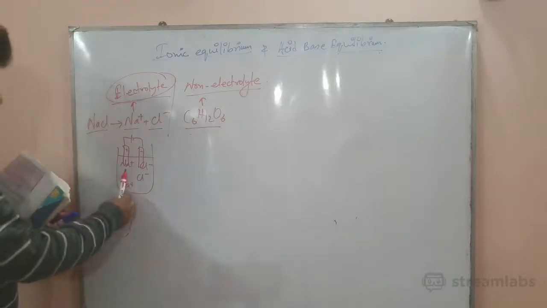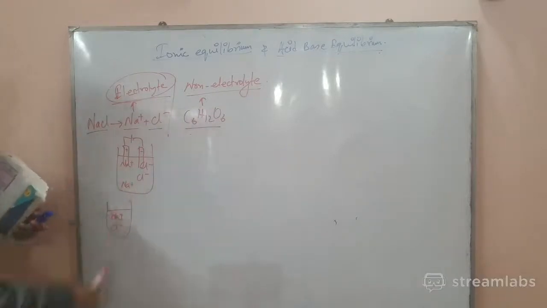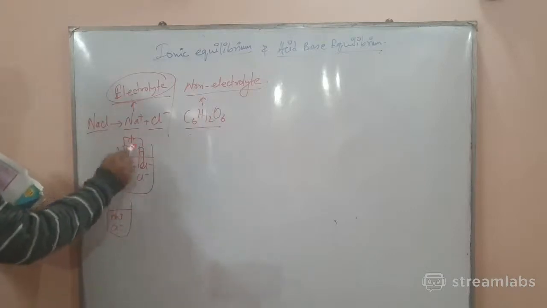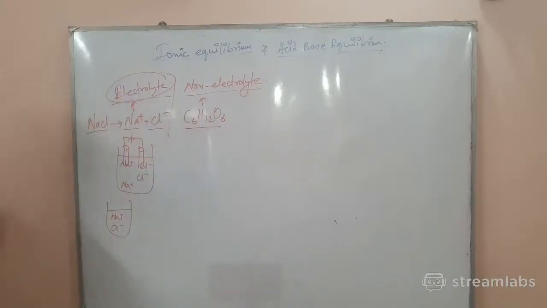The positive charges will move towards the cathode and the negative charges will move towards the anode. Hence, the circuit will be complete and one particular direction of flow of electric current will be observed in a solution of an electrolyte.